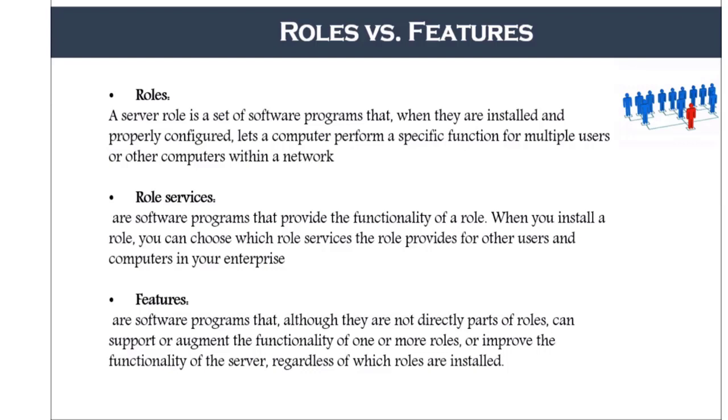Basically, features are the smallest part, which compose the role services, and role services compose the role. So I will explain it with the help of an example, so you can easily understand what is the role, what is the role service, and what is the feature.